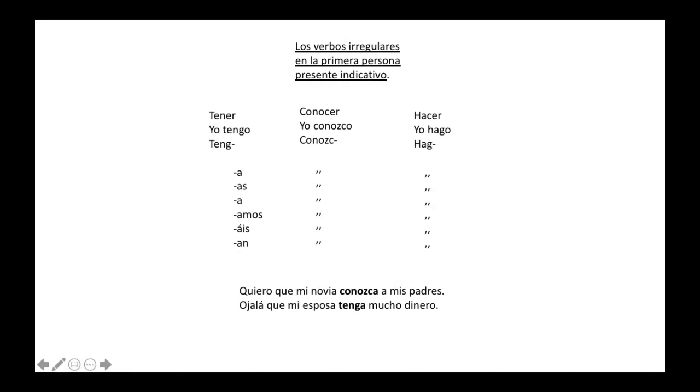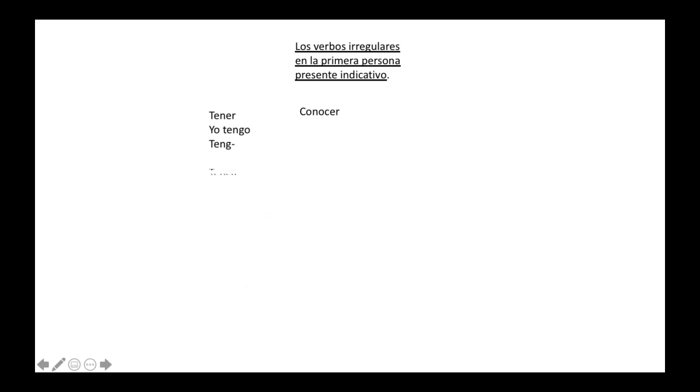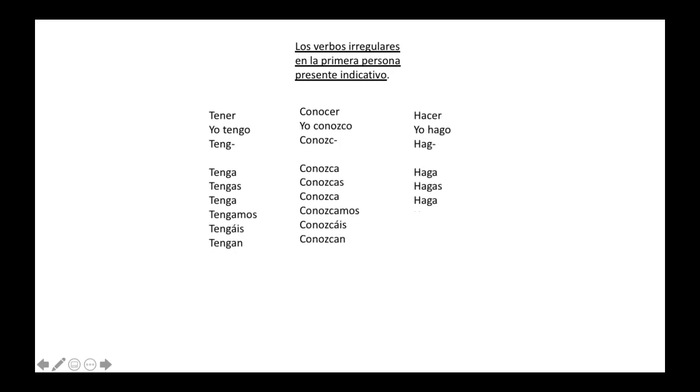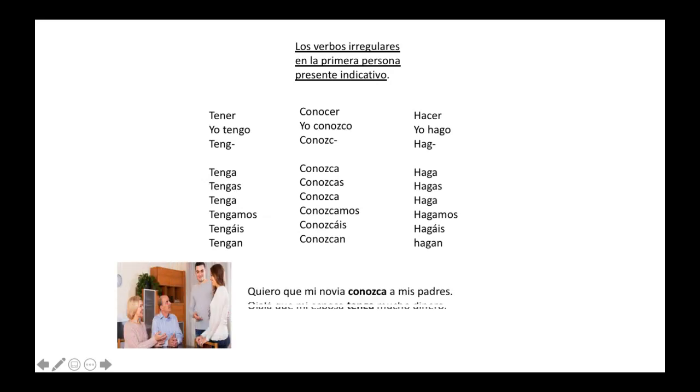If it's an ER verb or an IR verb, you put a, as, a, amos, áis, an. Conocer, yo conozco, get rid of the o: conozca, conozcas, conozca, conozcamos, conozcáis, conozcan. Hacer, yo hago, get rid of the o: haga, hagas, haga, hagamos, hagáis, hagan. ¿Vale? And I put a full version too in this PowerPoint presentation.